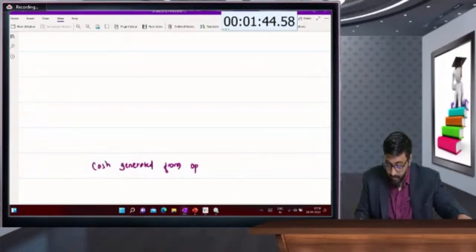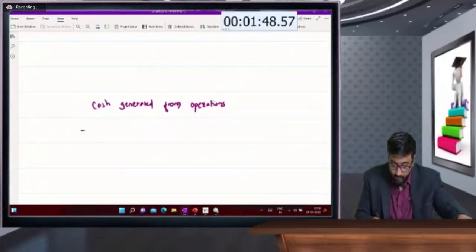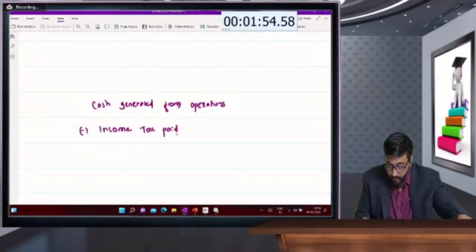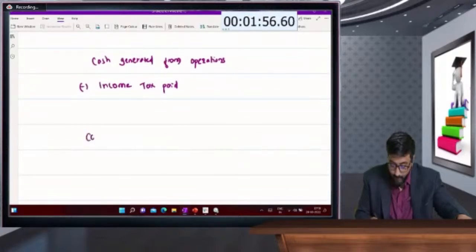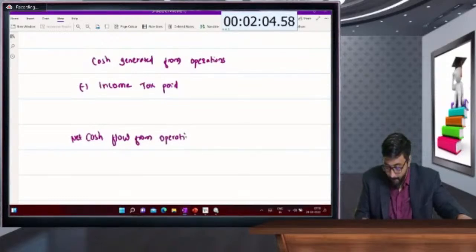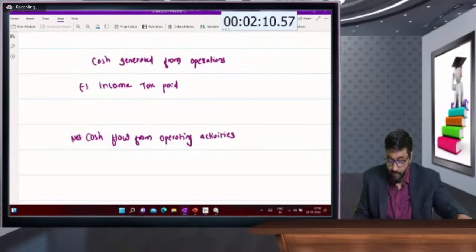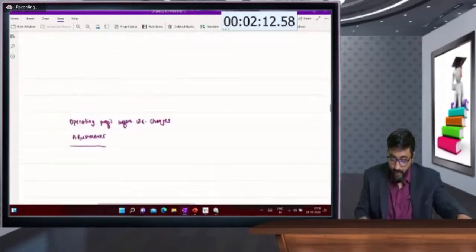Cash generated from operations. Less income tax paid. Net cash flow from operating activities. Draw fast.